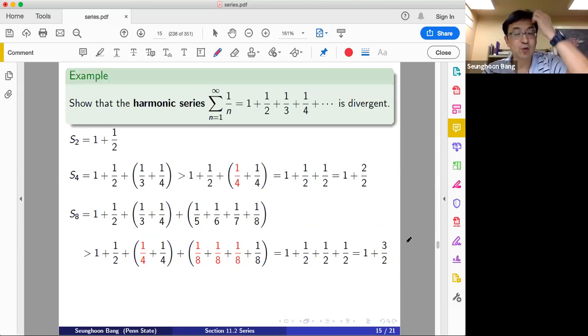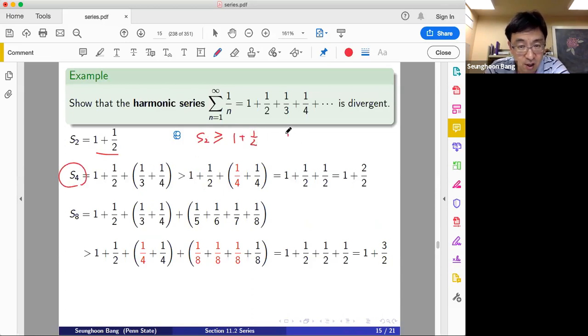So what happens right now? The first one, we have this result. S2 is exactly the same. It doesn't matter, greater than or equal to this one, 1 plus 1/2. What about S4?